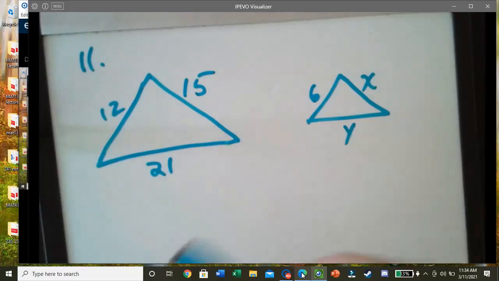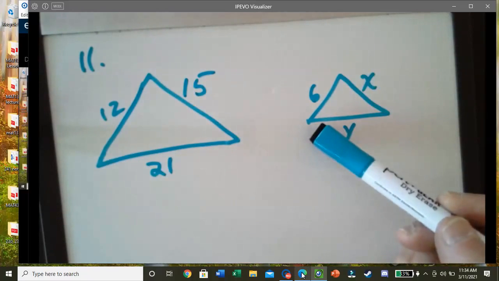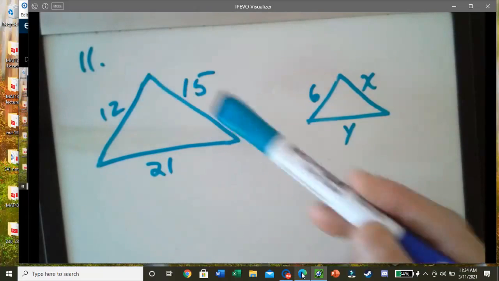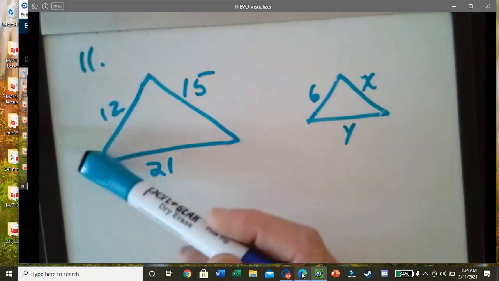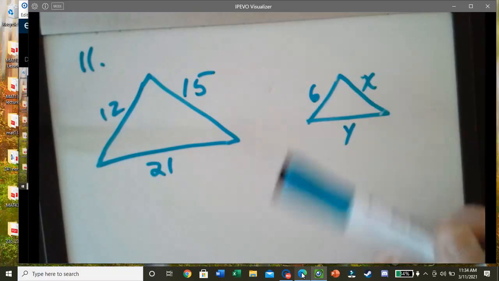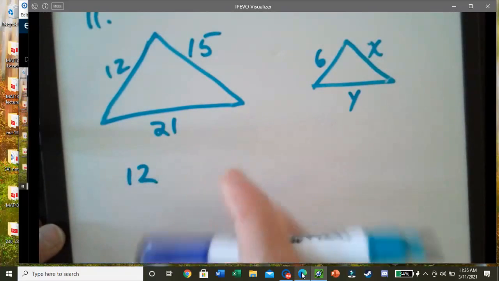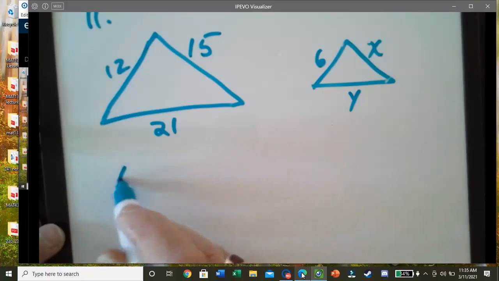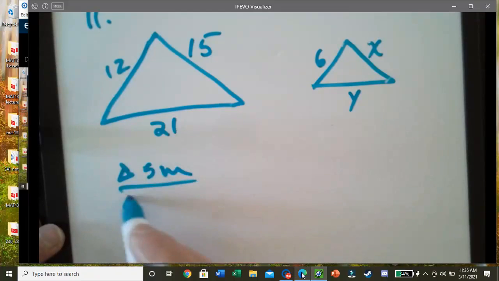So looking at these, we can say that 12 and 6 are similar sides. If we can figure out the relationship between these two, then we can figure out the relationship between X and Y. So you look at the 2 sides that you have. Basically our unknown sides are x and y, right? So we're going to go small triangle over the large triangle.